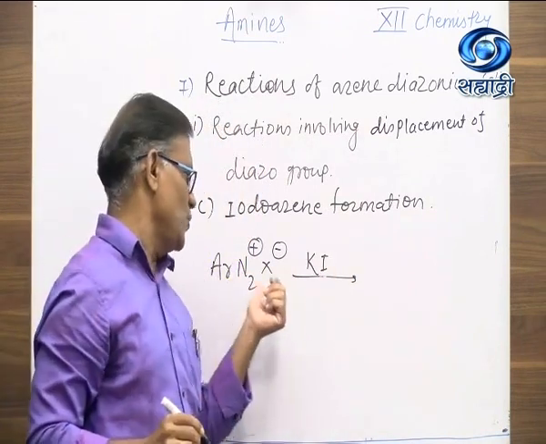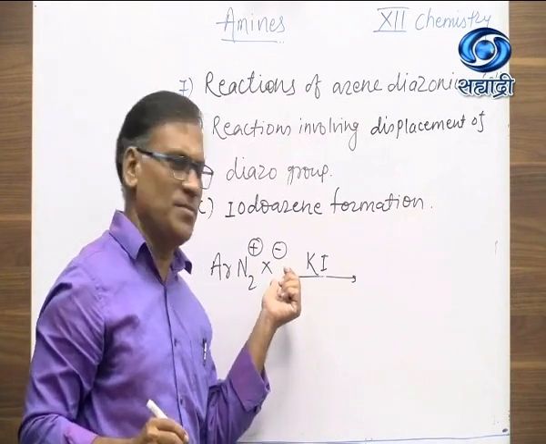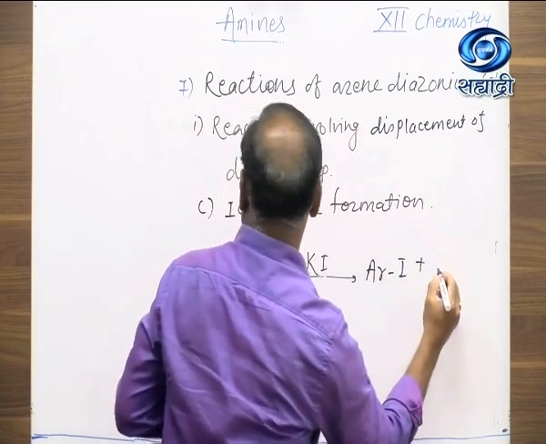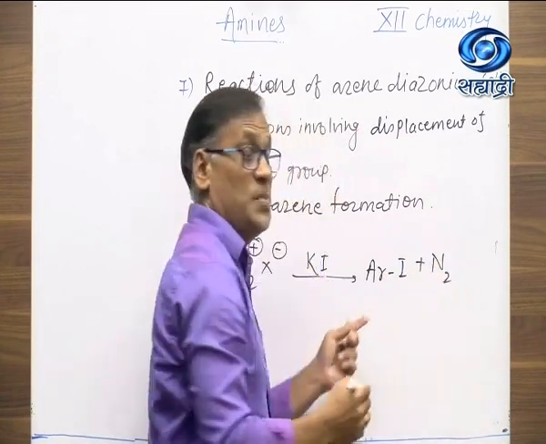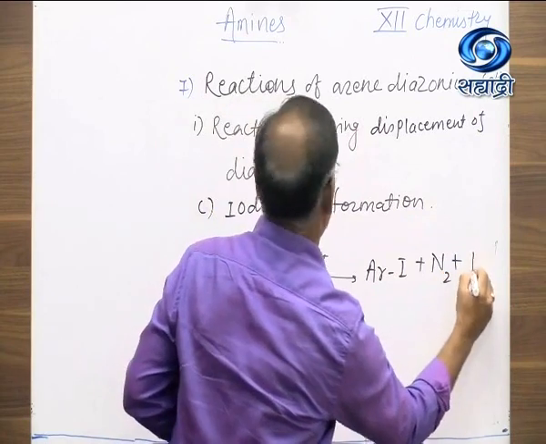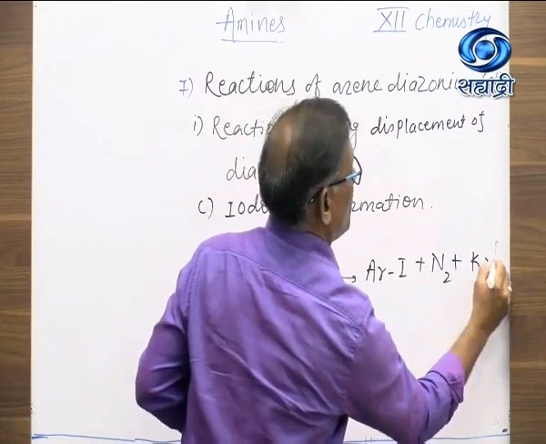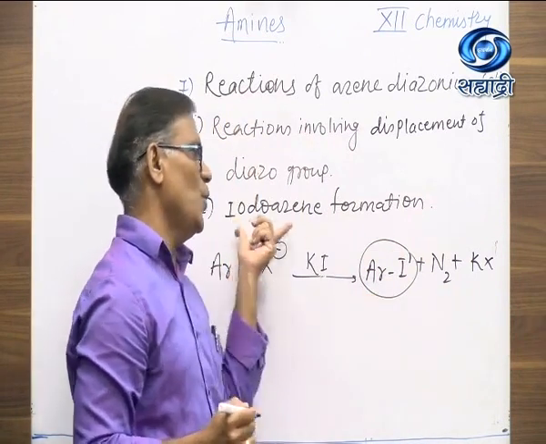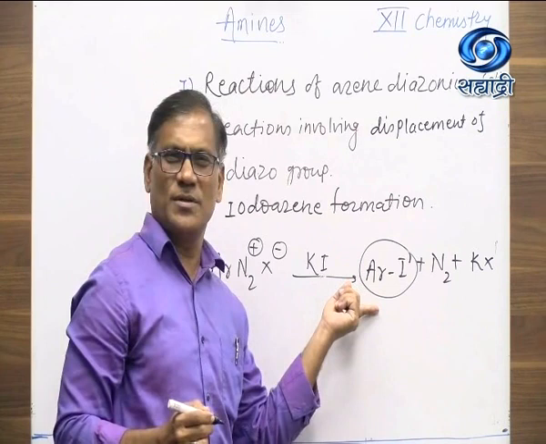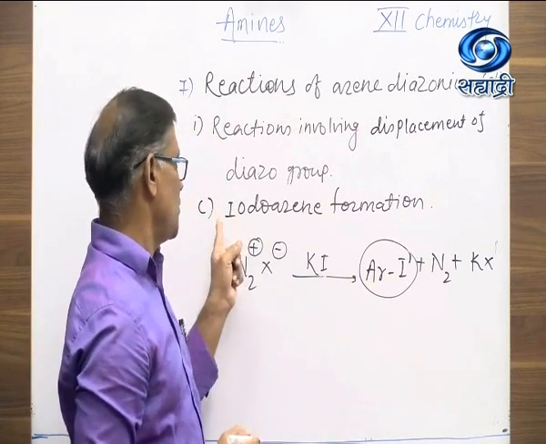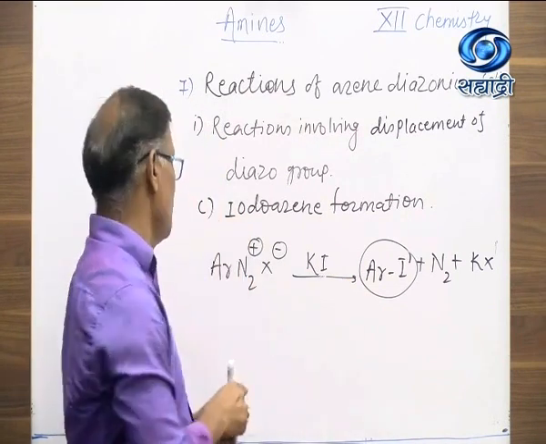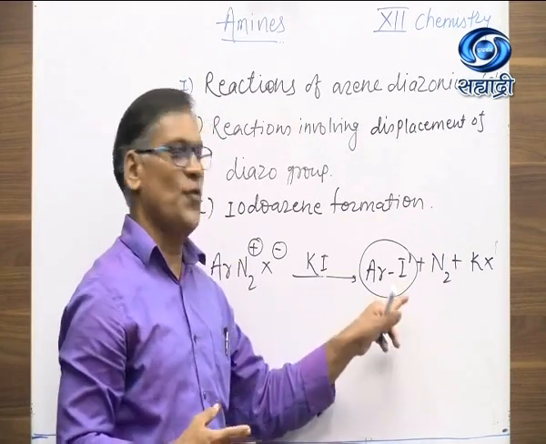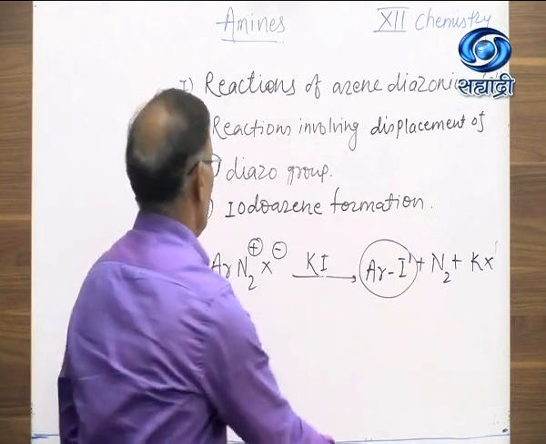When aryl diazonium halide is treated with potassium iodide, it gives iodobenzene plus N2. Again, there is a displacement of nitrogen gas and K combined with X to form KX. So it gives iodobenzene. And the reaction is iodoarene formation. This is third reaction, iodoarene formation. In this reaction, aryl diazonium halide is treated with potassium iodide to form iodobenzene.